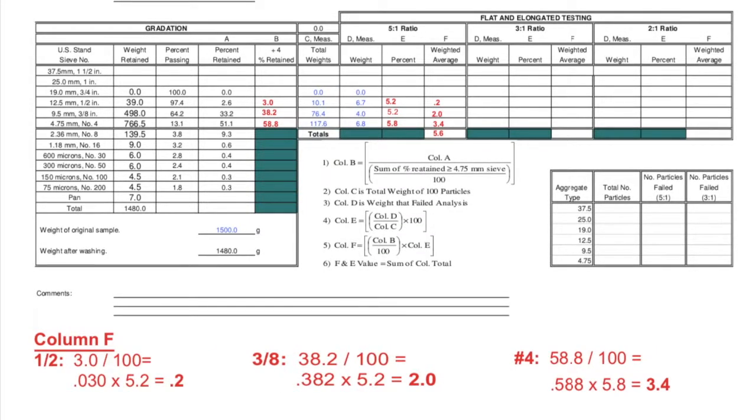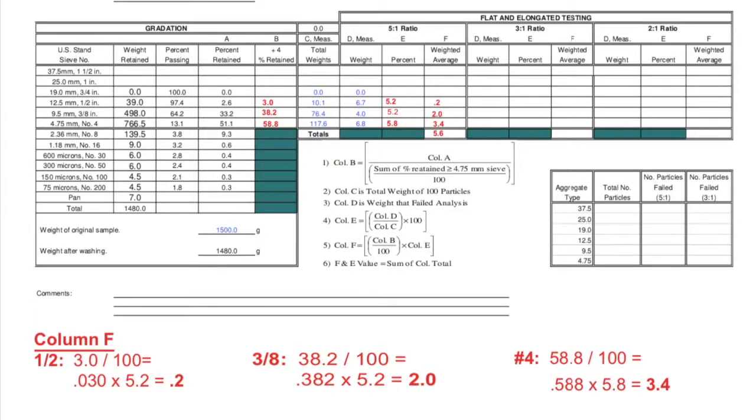Now we will look at column F, which is column B divided by 100 times column E. So we will look at our 1/2 inch sieve. It's 3.0 divided by 100 times 5.2, which yields us a 0.2.